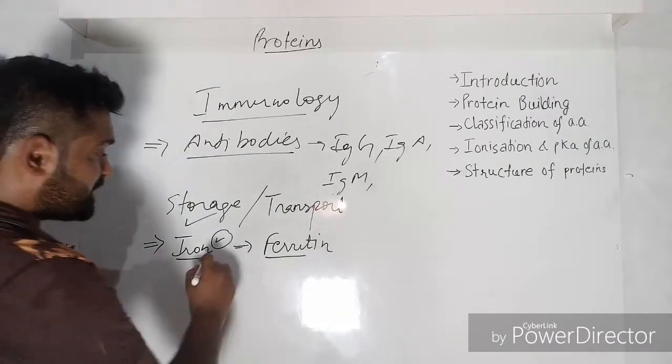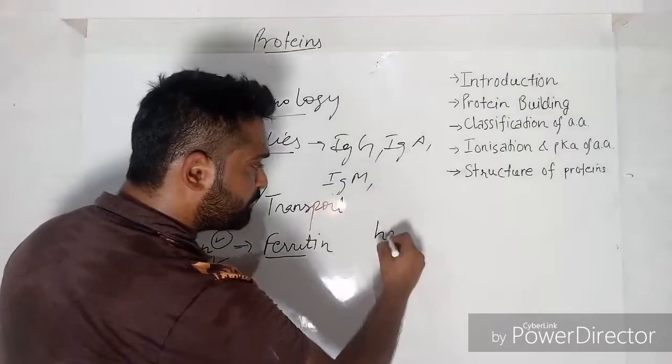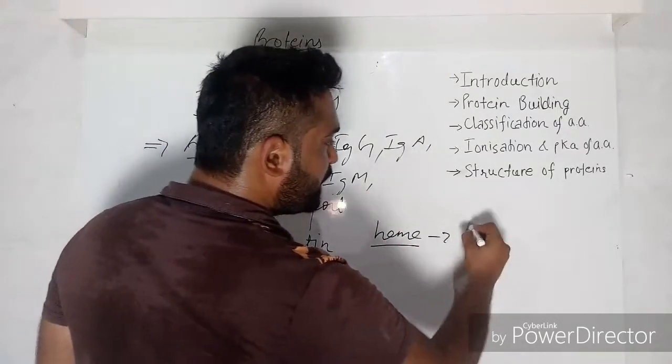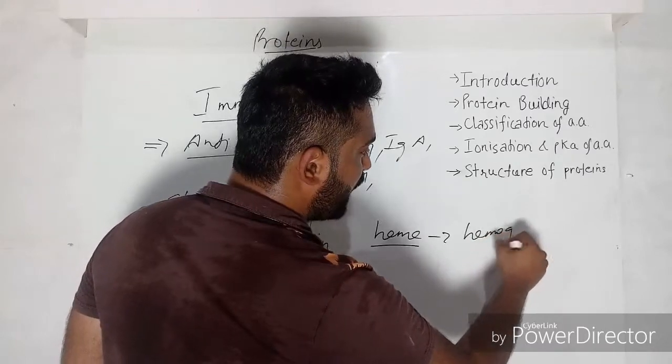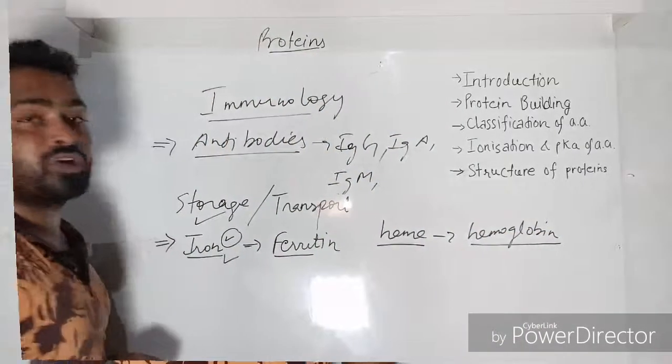This iron is a component of heme, which is found in hemoglobin, and hemoglobin is a protein which transports oxygen.